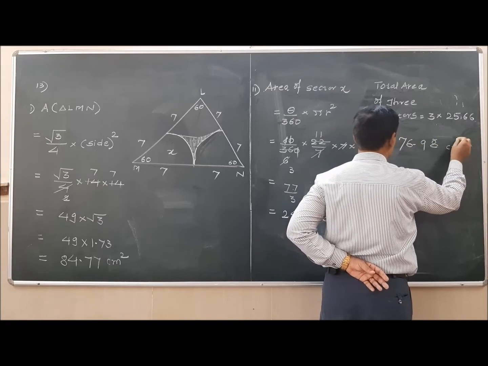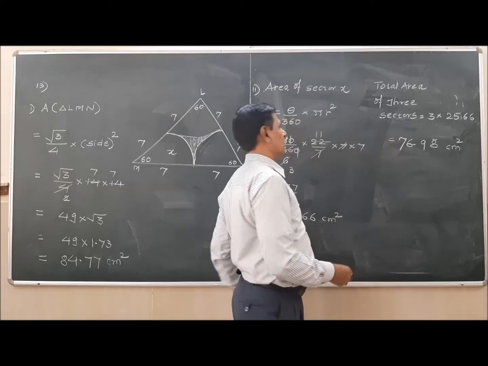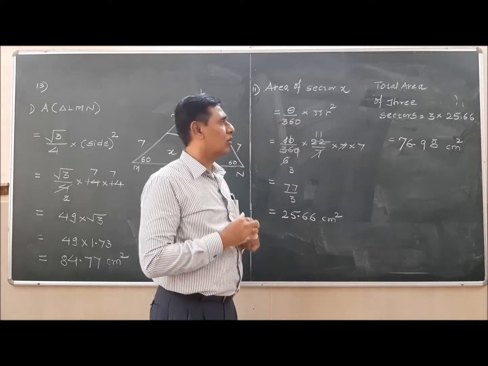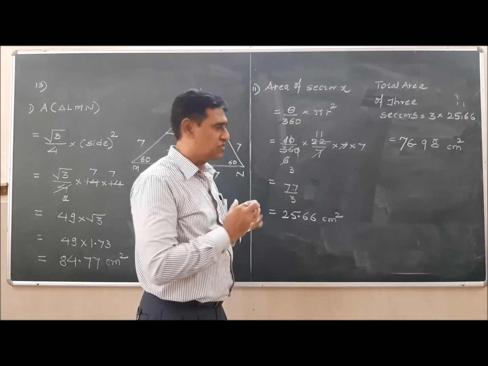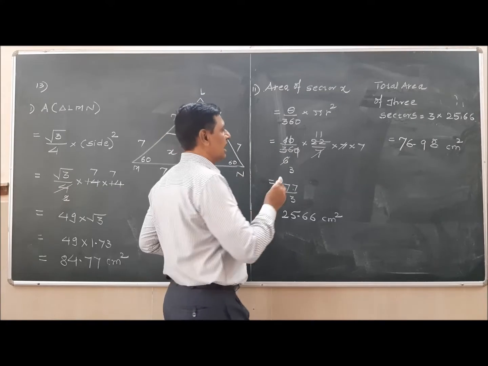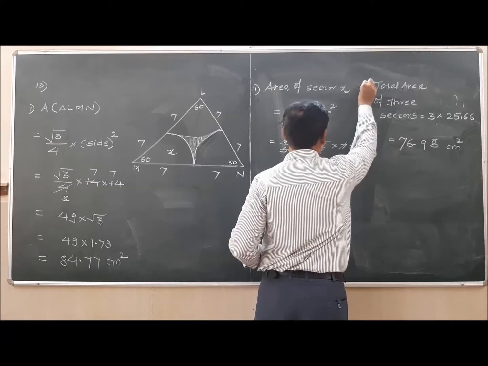So this is how I obtain the total area of three sectors as 76.98. This is the answer of the third sub question.